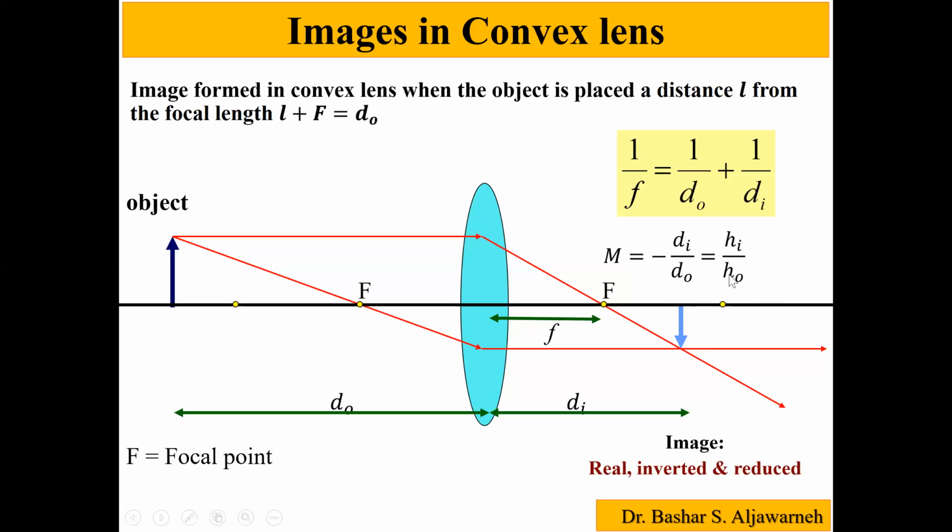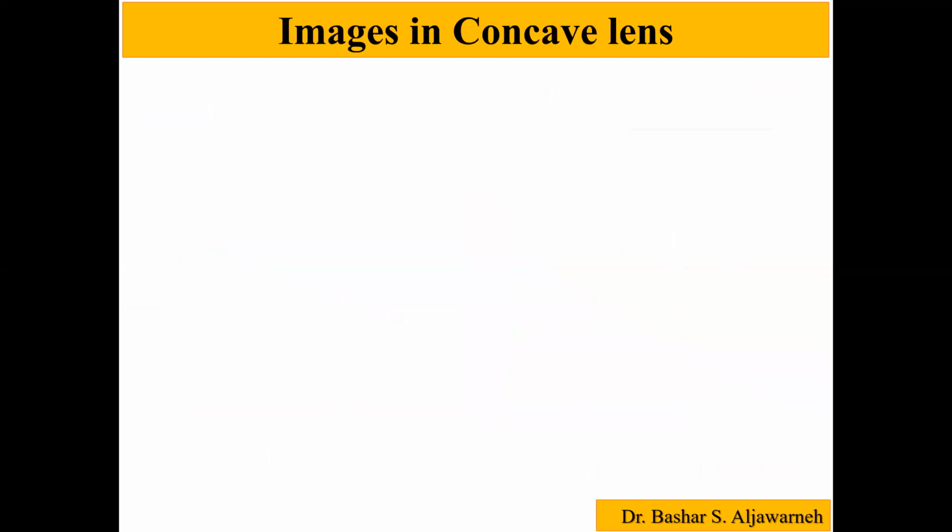And by the way, 1 over focal length is called the power of the lens. So we have a lot of physical expressions. 1 over f is not only used to calculate the focal distance. We also use it to calculate the power of the lens.